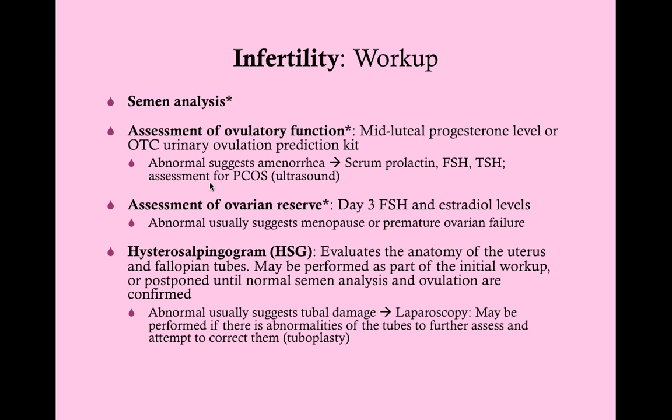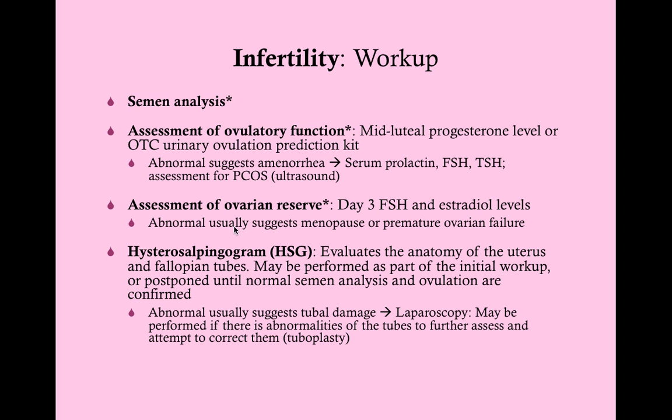And then you'll also want to assess for PCOS if there are other signs: if she's overweight, if she's got facial hair, virilization, acne. If there are signs of PCOS, you want to get an ultrasound and look at her ovaries. And then an assessment of ovarian reserve. So here we're looking at FSH and estradiol levels. You'll get that on day 3.